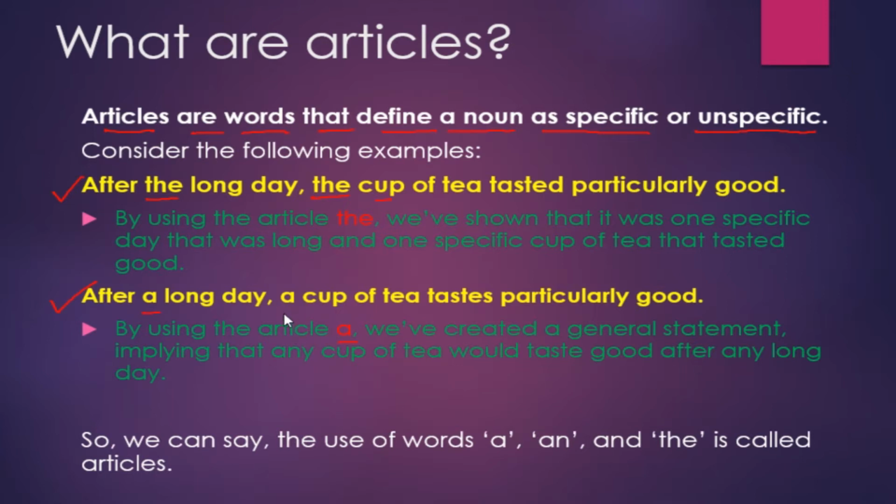Is it clear? So any cup of tea will be particularly very good after a long day, not a specific day. Is it clear? So we can say the use of words A, AN and THE is called articles. I think you have understood what I wanted to say.